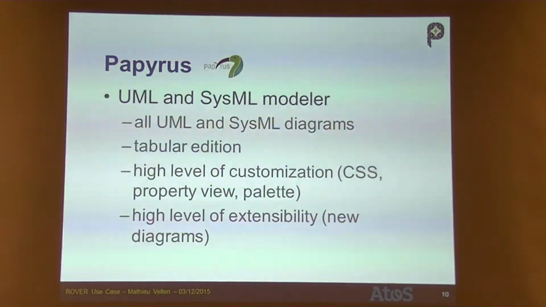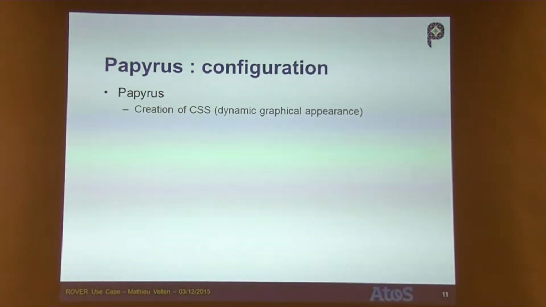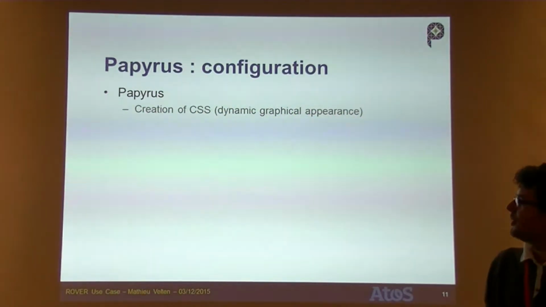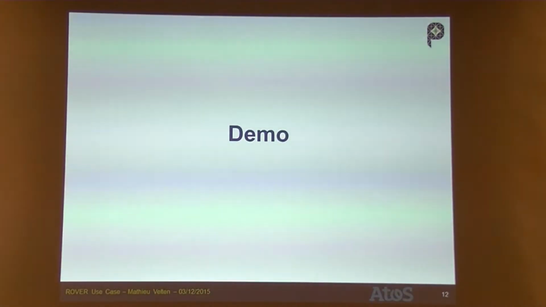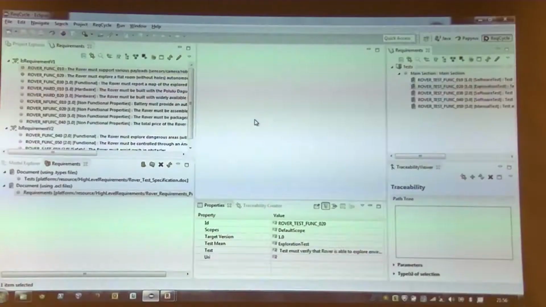And in code, you can also specify the new diagrams, for example. So regarding the configuration here, it's a lot lighter. We create a CSS to do some adaptation of the visual when we are covering a requirement. So now, let's go through the demo.